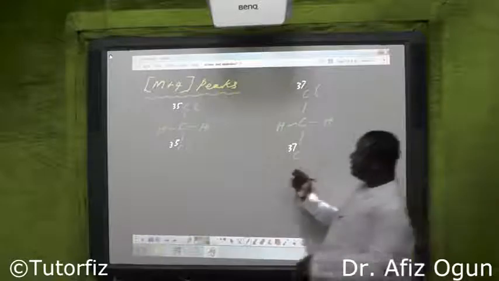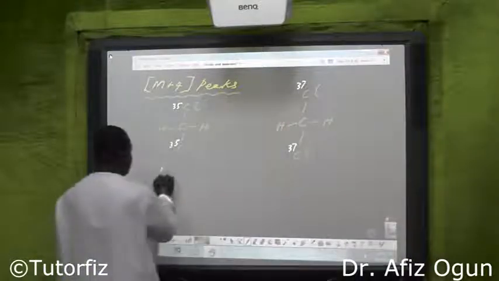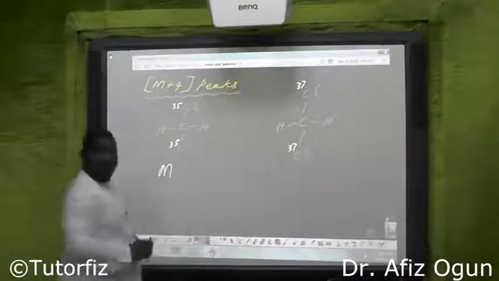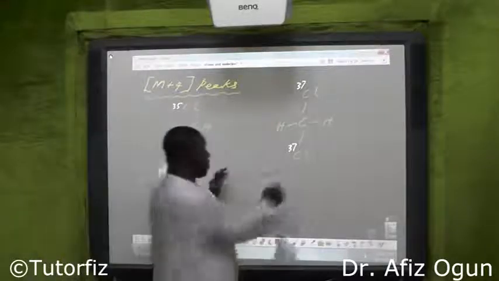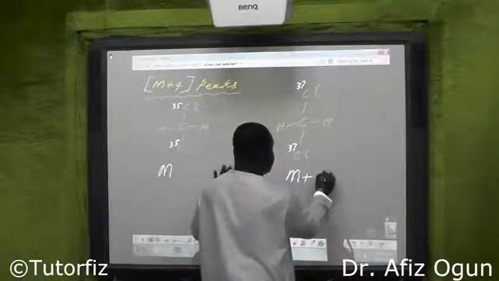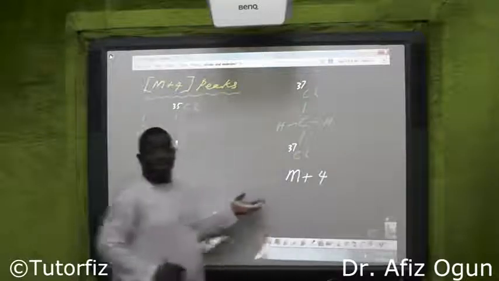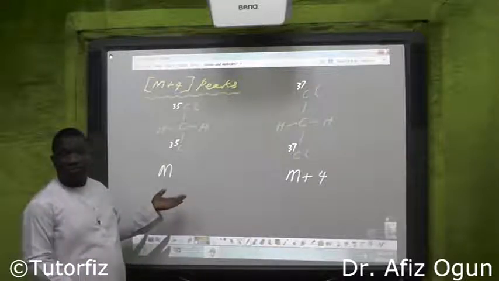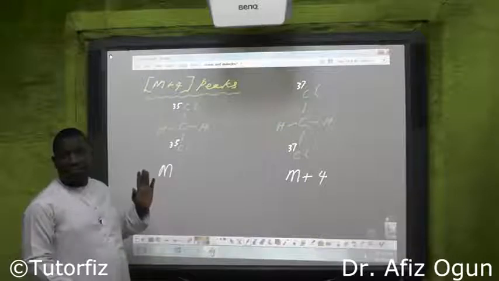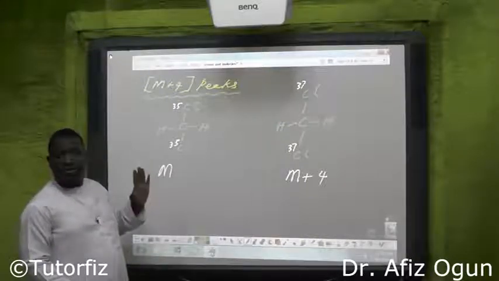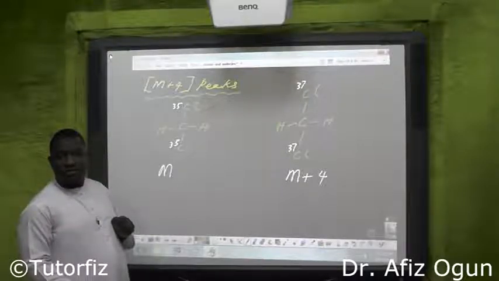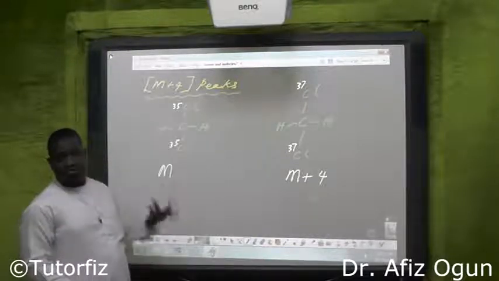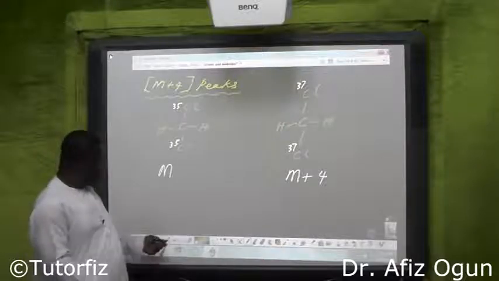So this is M for the first one, and this is M plus 4. That's a possibility. For this, that will be M plus 4.